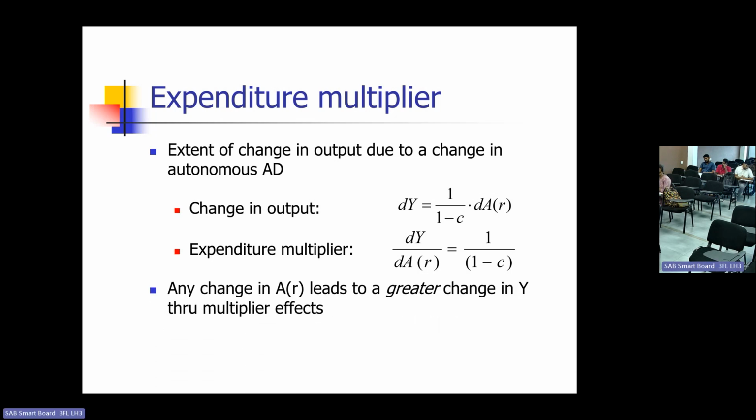We take it with respect to the change in income, and the actual change in income for a change in autonomous expenditure is given by the autonomous expenditure multiplier.